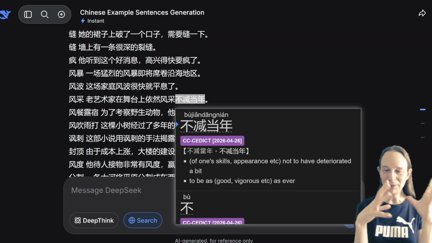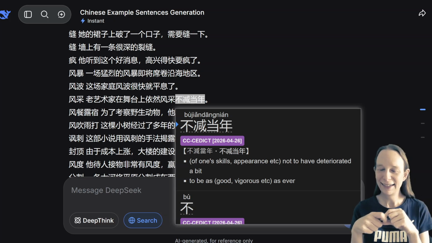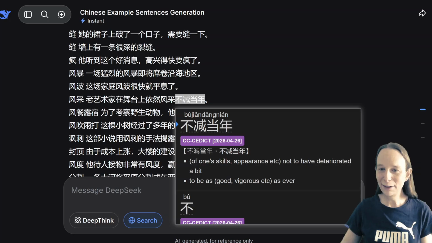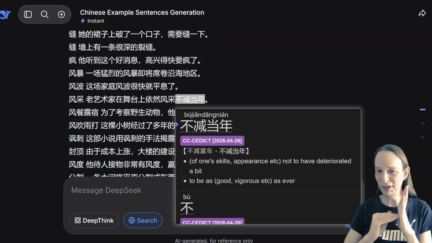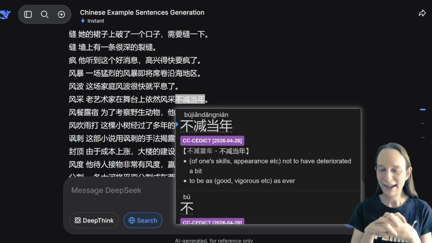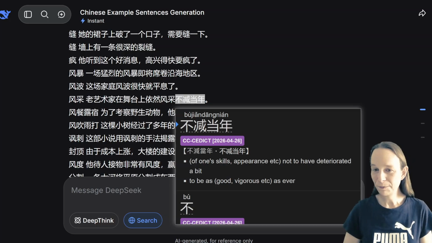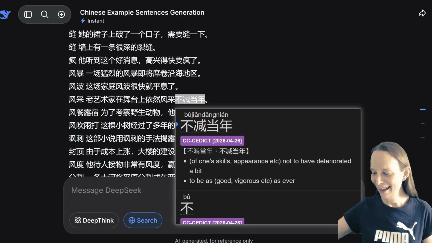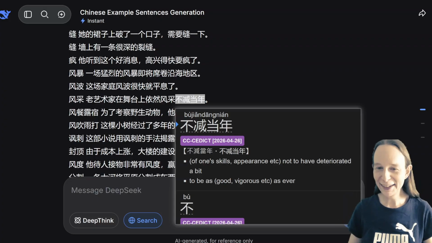Oh, okay. So it's not that the artist is acting childish. It's that they're as skilled as they've ever been. There's some sort of background assumption that as people get old, their skills deteriorate. I'll leave you to your own thoughts on that matter, whether or not that's true.